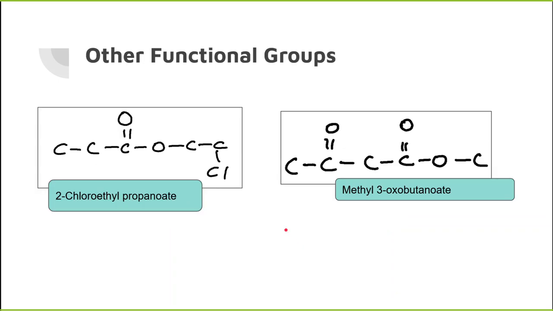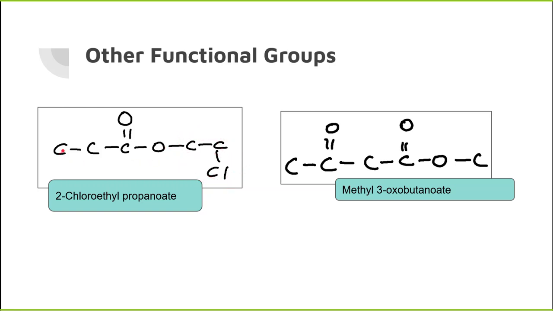All right, other functional groups, they just get named like we normally would. I think I already gave you an example of this. But here is our alcohol side, but there's a chlorine on it. So this is ethyl. So this would be 2-ethyl, because we start naming from over here where it's bonded in. So this is 2-chloroethyl.